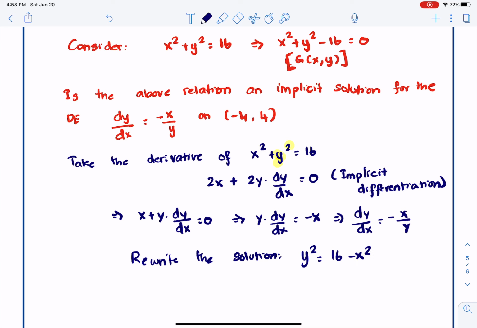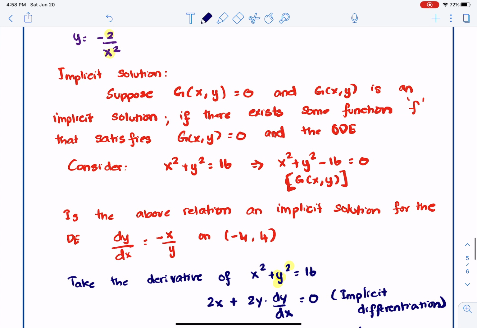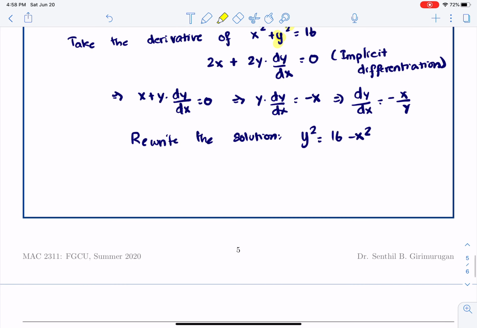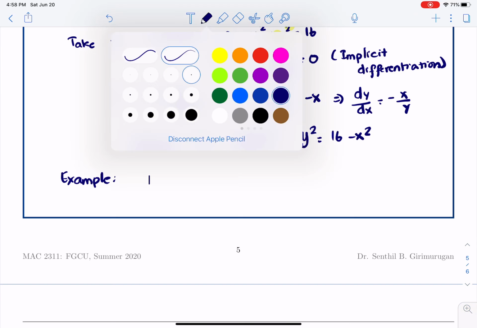So in an easier sense, it's not just y is equal to 16 minus x squared, rather it is a function of y that is equal to 16 minus x squared. And the way we could satisfy the relation is via implicit differentiation, and hence the reason we call the solution an implicit solution.